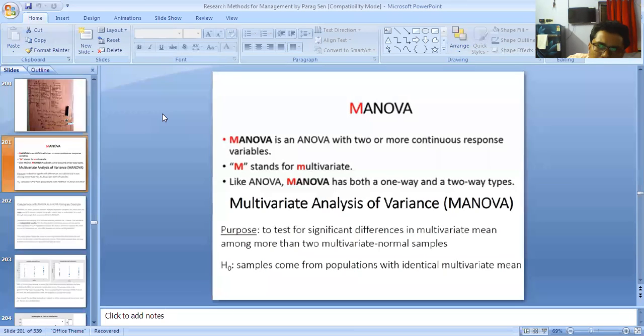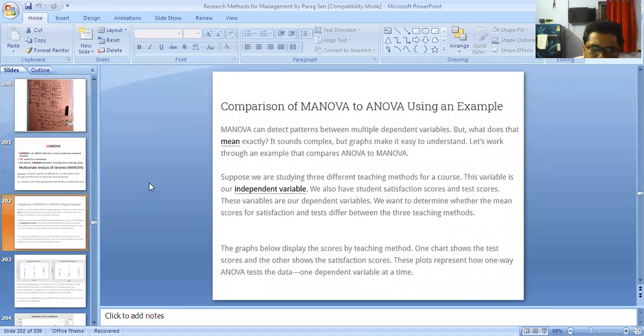Even if you use MANOVA, at most you are interested in two-way MANOVA. So let's take a look at the concept.